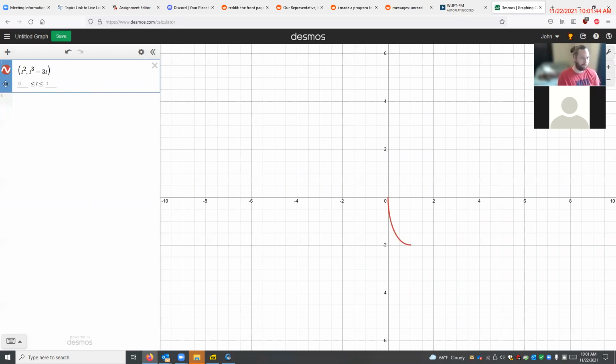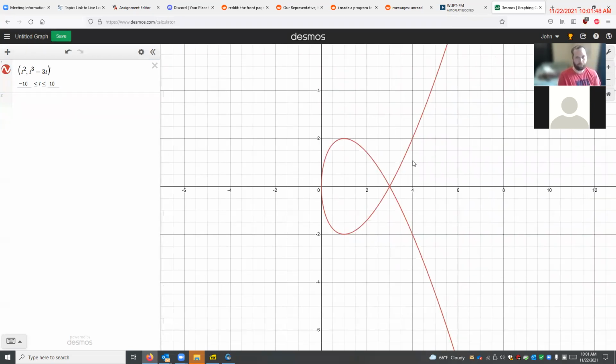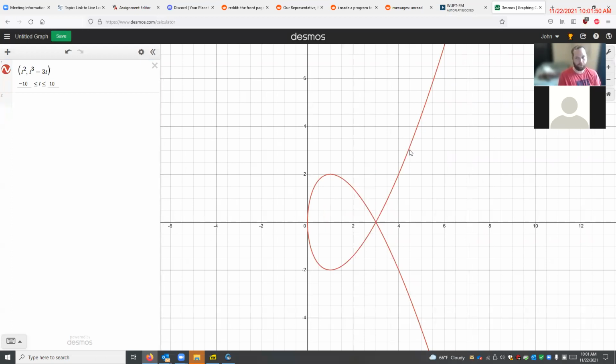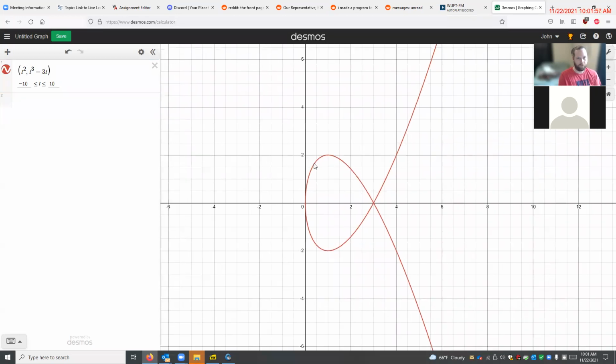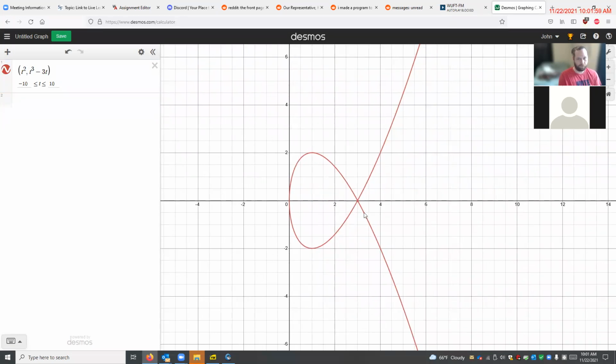Let me open this up. There we go. All right, here is our parametric curve. The x's are all t squared, the y's are t cubed minus 3t, and undeniably, this curve at the point (3, 0) has two tangents, right? You can think of this as the motion of a particle.